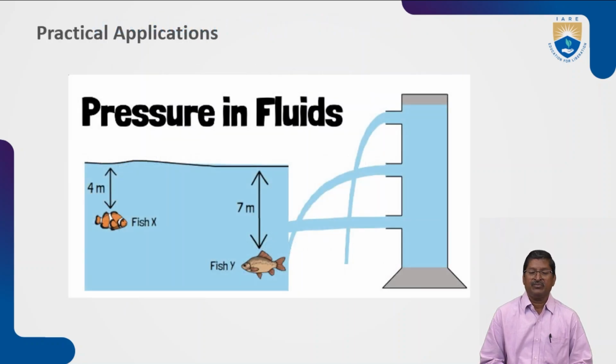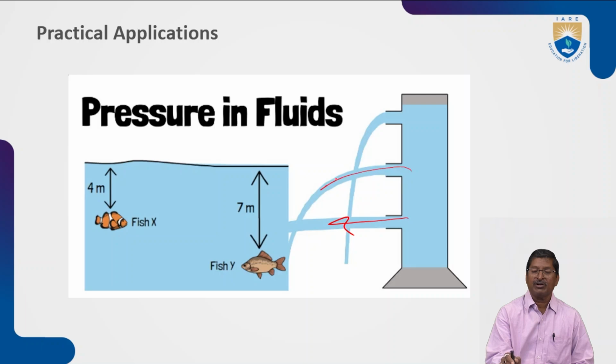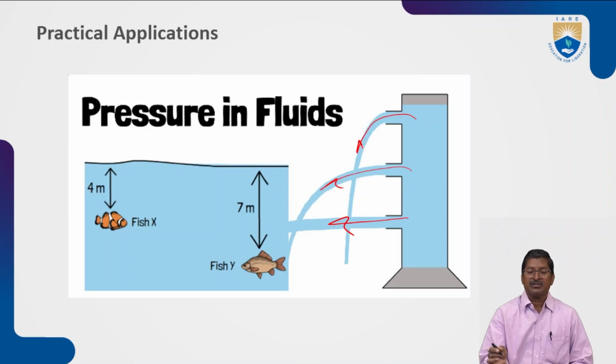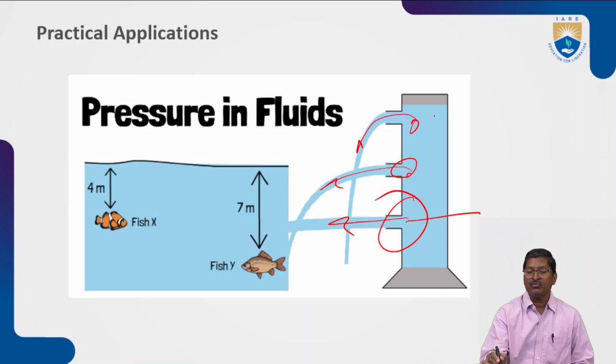If you see the figure, you can observe here it is moving in a straight line. Here it is moving in a curved line. Here it is moving in a somewhat lower line. Why? Here there is high pressure. Here there is somewhat lower pressure. Then here there is very little pressure. Here there is more pressure. This is because of the weight of the fluid.